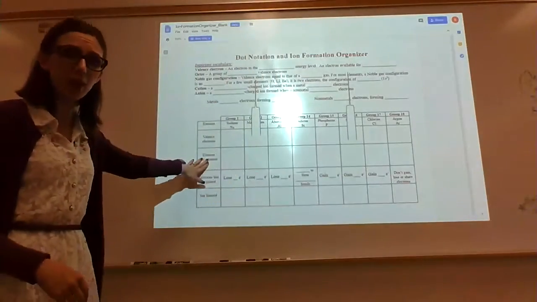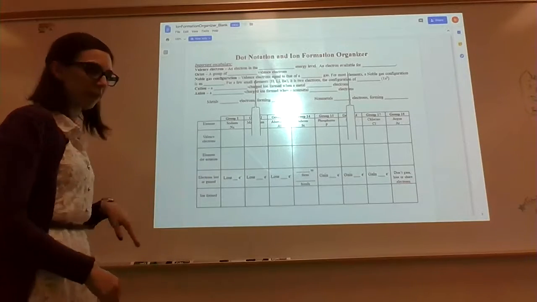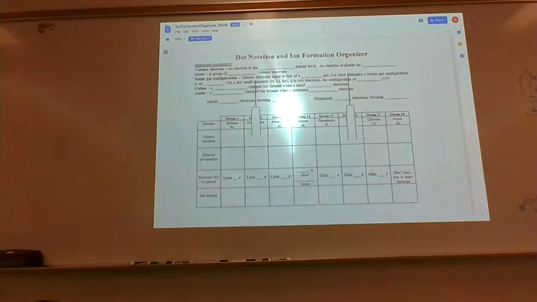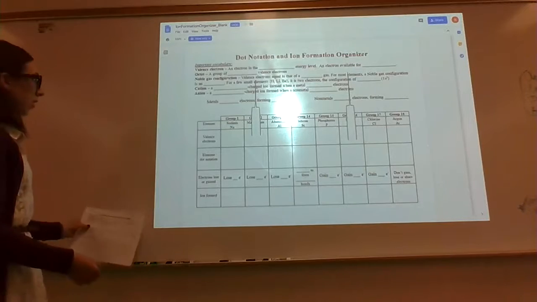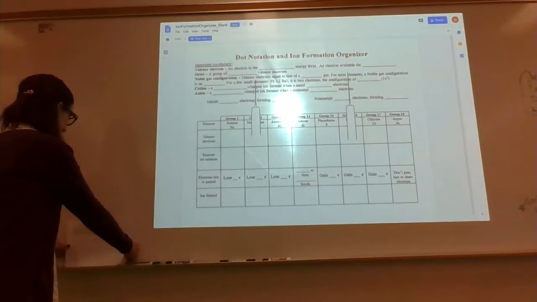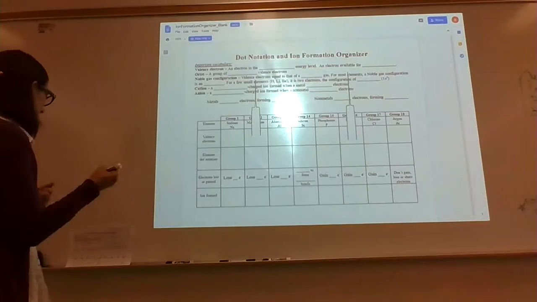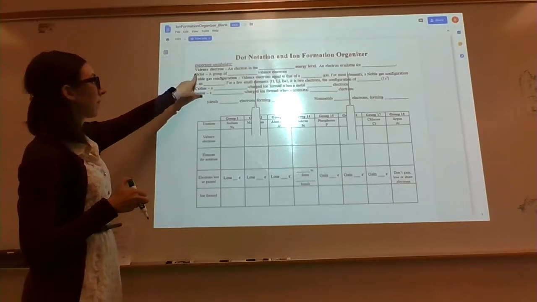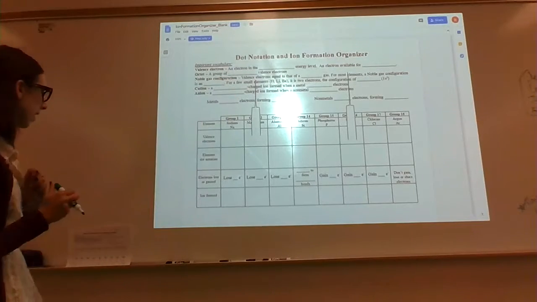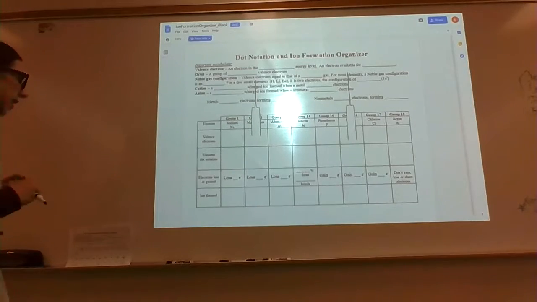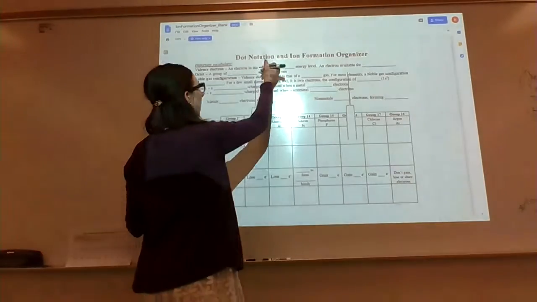So when you're filling out the dot organizer, you guys are each going to get one of these. And we're going to look at what valence electrons are and the Lewis dot structures. So a valence electron is an electron in the what? What energy level? It's going to be the outermost energy level.